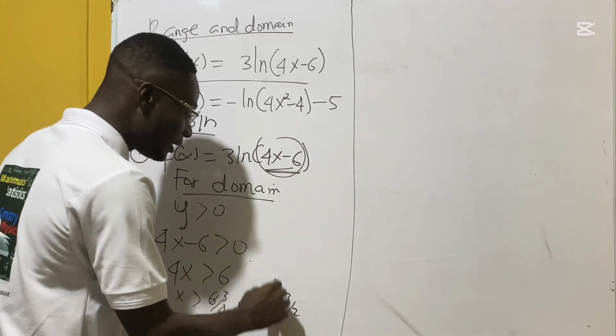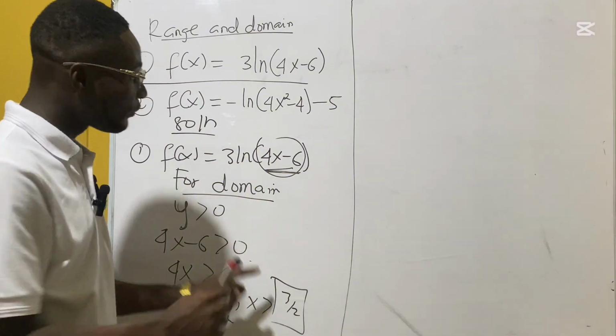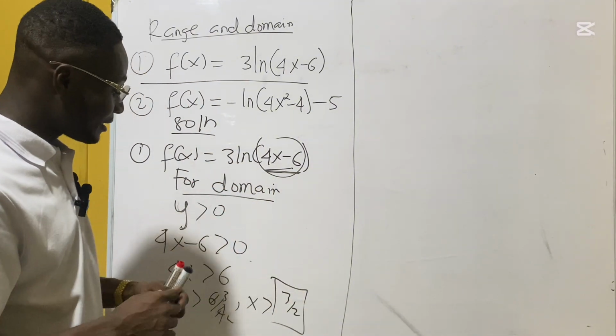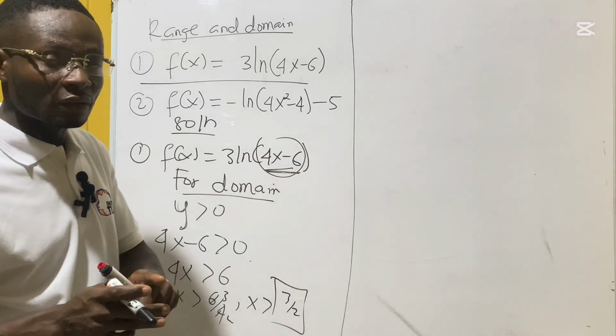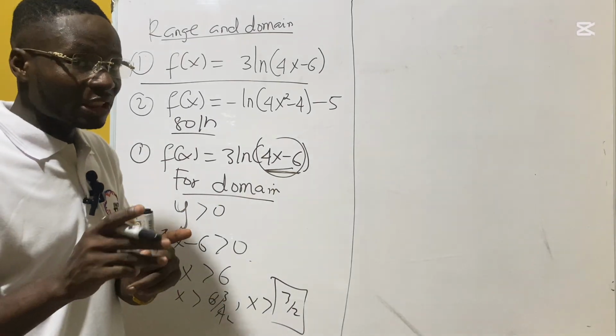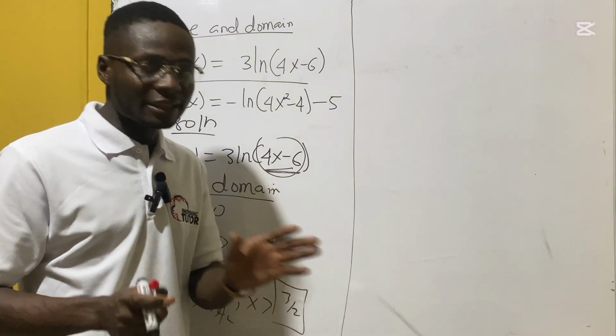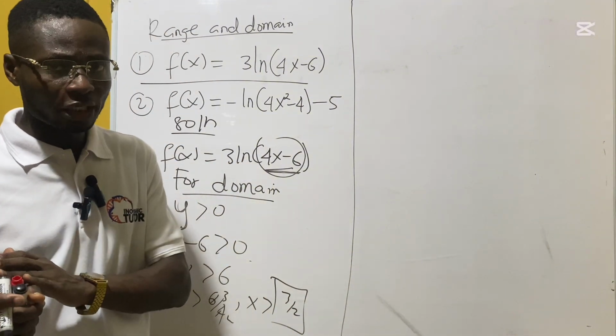So we can say that the domain for this particular problem is from 3 over 2 to infinity, and these numbers should be excluded.